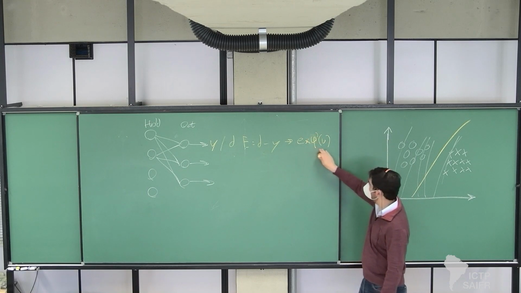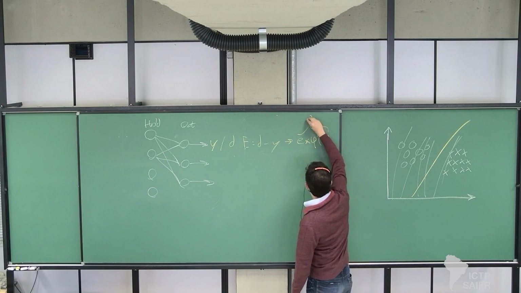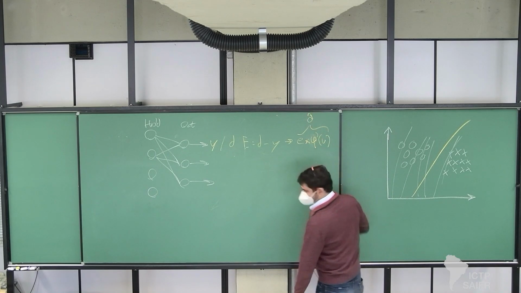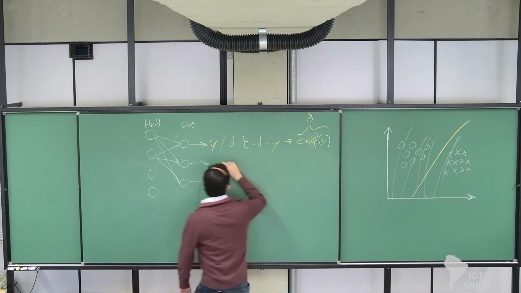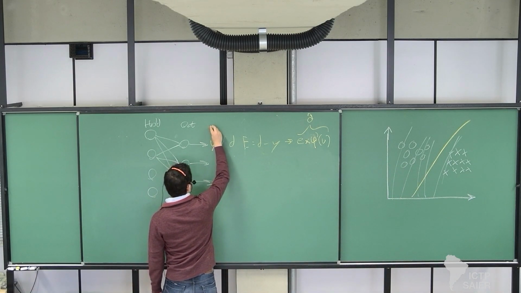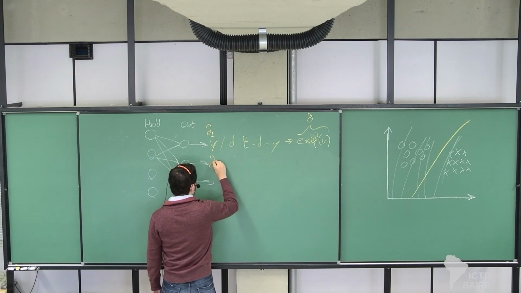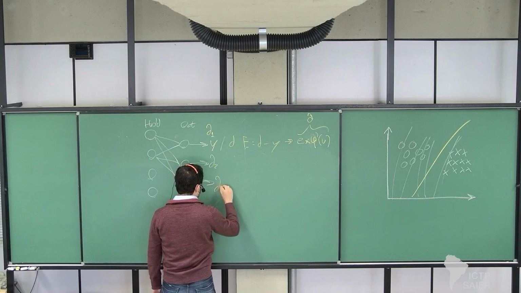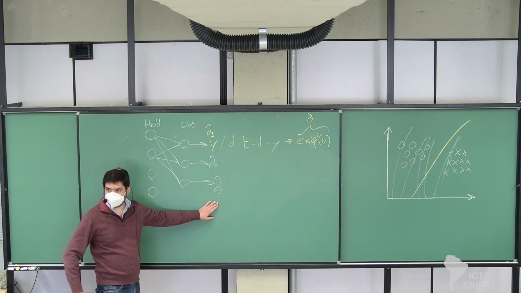We know how to calculate this, and this is what we call the local gradient. So we can do this for all the output neurons. This is the local gradient 1, this is the local gradient 2, and this is the local gradient 3. We know how to do that.